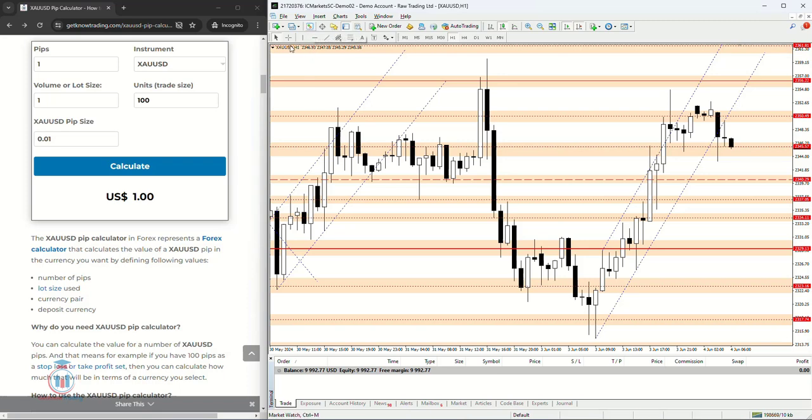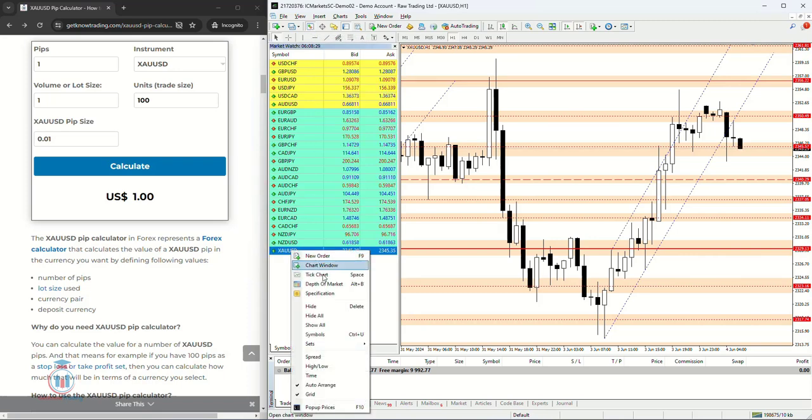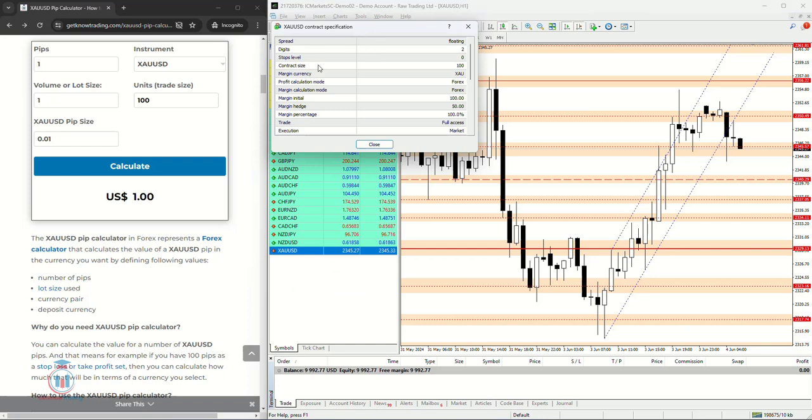This is something that needs to be verified first with any broker that you're using. First of all, you need to know how many units is one volume, or one lot size, or one contract. In this case, for the gold against US dollar, you need to go inside the market watch, go to the gold symbol, right mouse click and click specification.